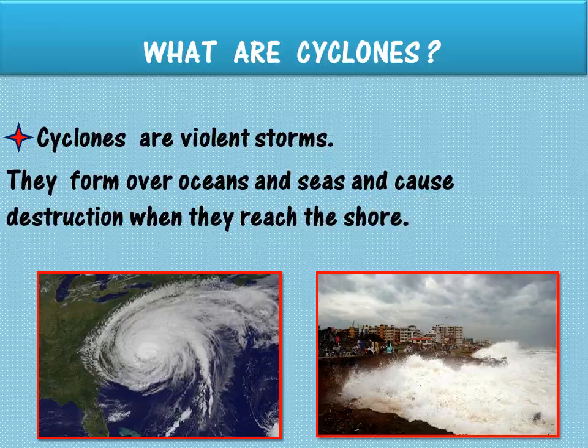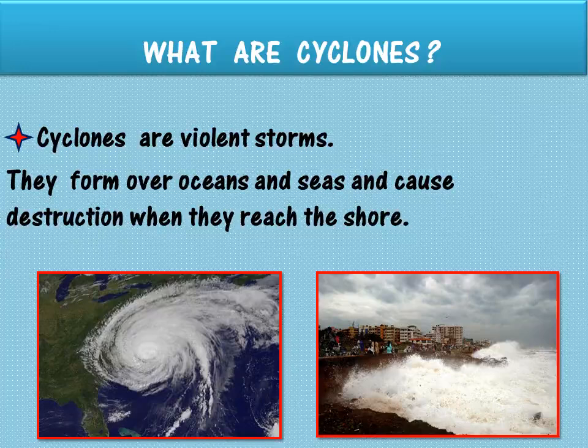You know, children, how a cyclone is formed? A cyclone is formed when warm moist air over the seas or ocean surfaces rises up. As it rises up, what will happen? It causes an area of lower air pressure below the surface.